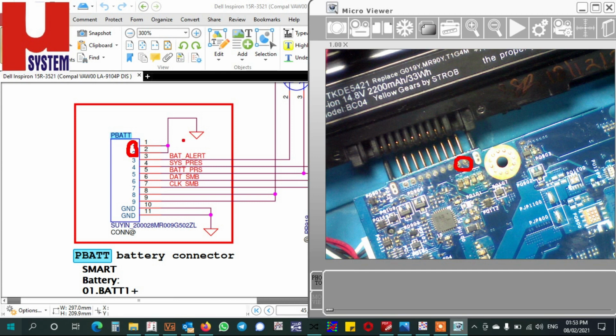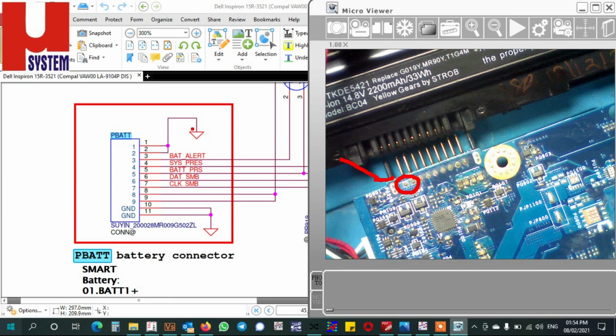As you can see, it's a ground pin. So this is my, sorry, 1 and 2, because I am seeing from the bottom side, I was just confused. Don't worry. This is the negative pin, the minus pin. If you can see over here, it's showing minus.